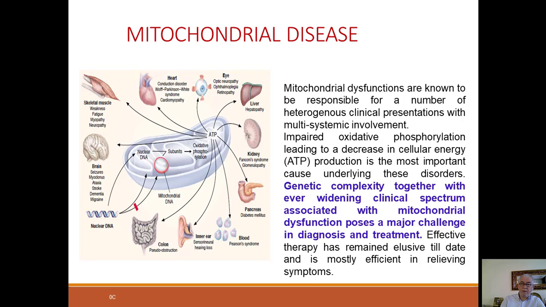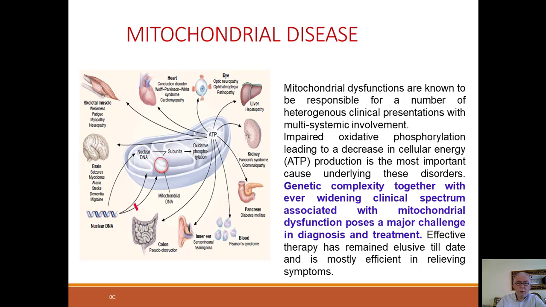The main problem is that we have some problem in the electron transport chain or ATP synthesis proteins. Genetic complexity together with the ever-widening clinical spectrum associated with mitochondrial dysfunction poses a major challenge in diagnosis and treatment. An effective therapy has remained elusive to date and is mostly efficient in relieving symptoms.